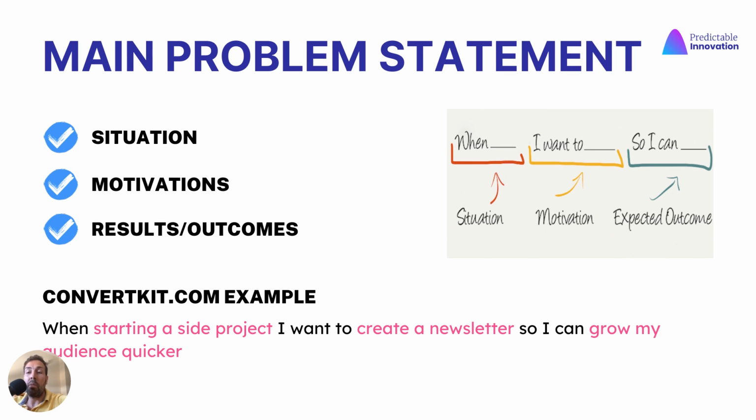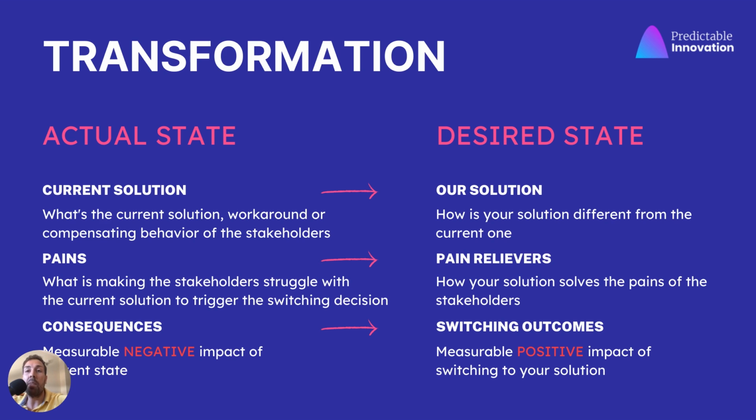Once you have the main problem statement, then let's think about the transformation we are providing to the target customer. What is the actual state and what transformation do we provide to a desired state with our product? That all of that together is the problem we're solving. And that's really important to target the mainstream.